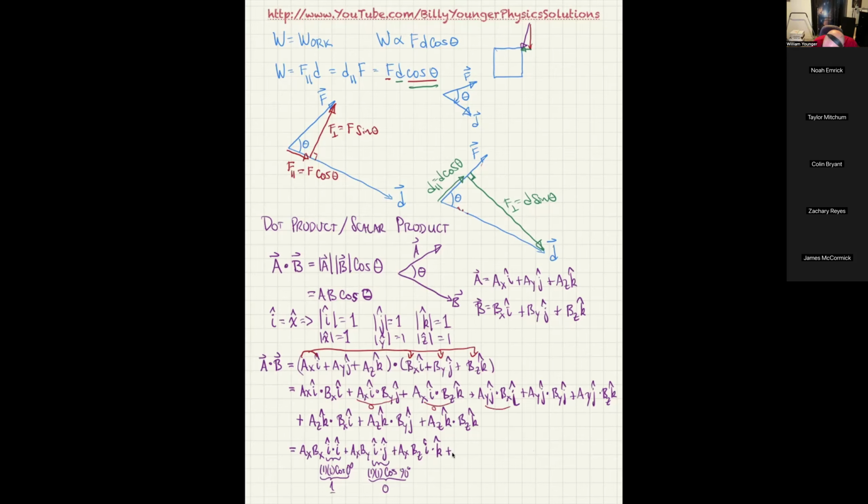This whole term is going to be 0. And this whole term is going to be 0. And this is going to be 0. And this is going to be 0. So all we're really left with, I feel like I left one out. There's got to be a, okay. Now, all we're left with is the AXBX times 1, the AYBY times 1, and the AZBZ times 1.